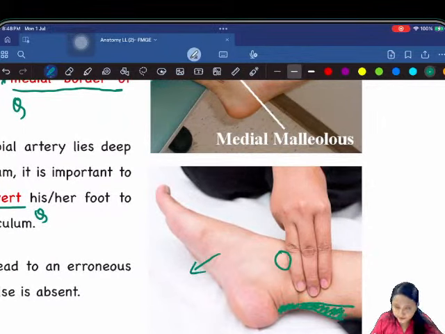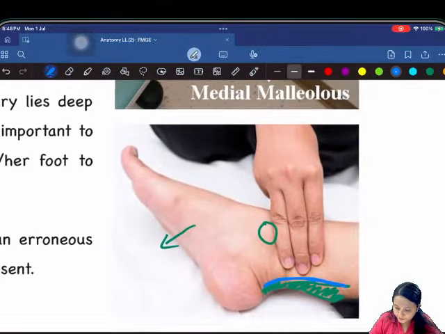There is a tendon here that is known as the tendoachilles. तो उसका medial border, okay, so it is felt behind the medial malleolus and in front of the medial border of the tendoachilles.